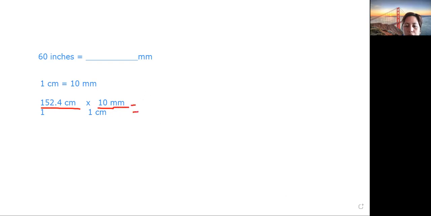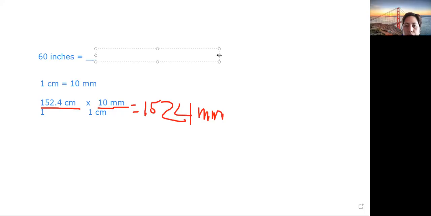So the equivalent now is 1,524 millimeters. 60 inches is equivalent to 152.4 centimeter, and we converted it to millimeters.